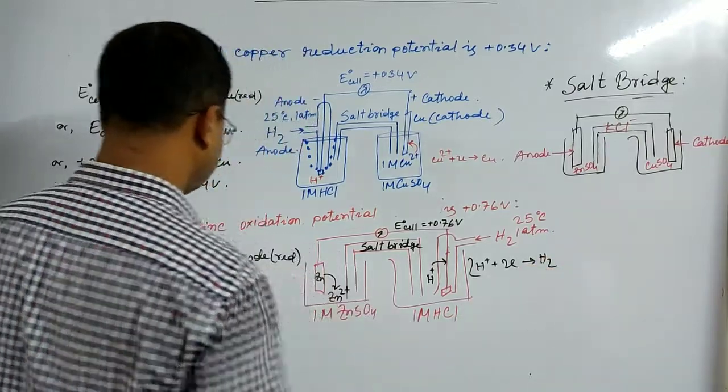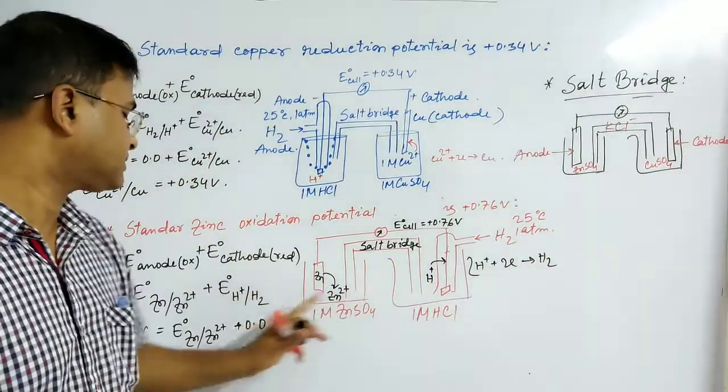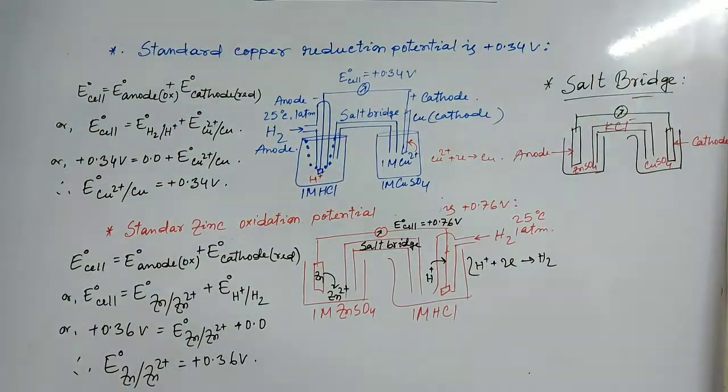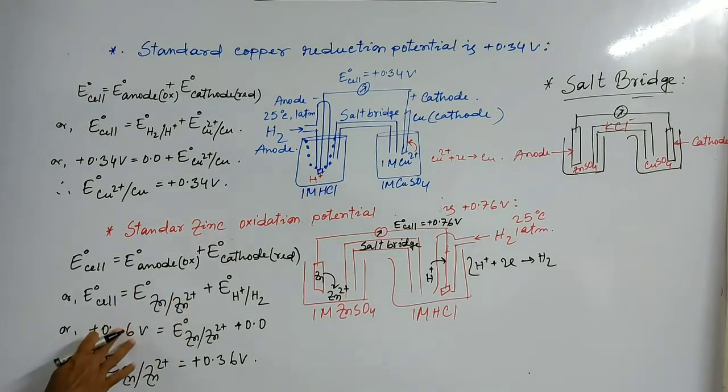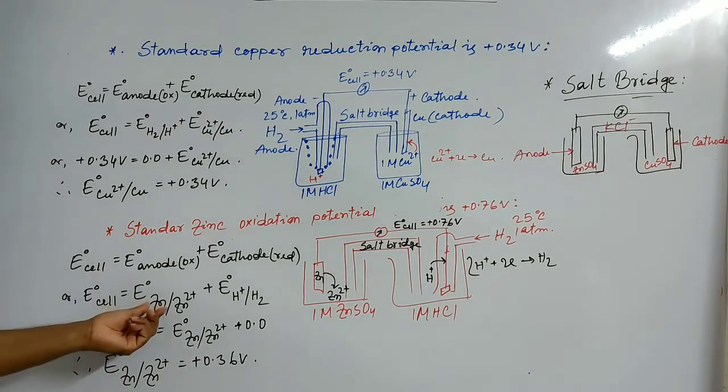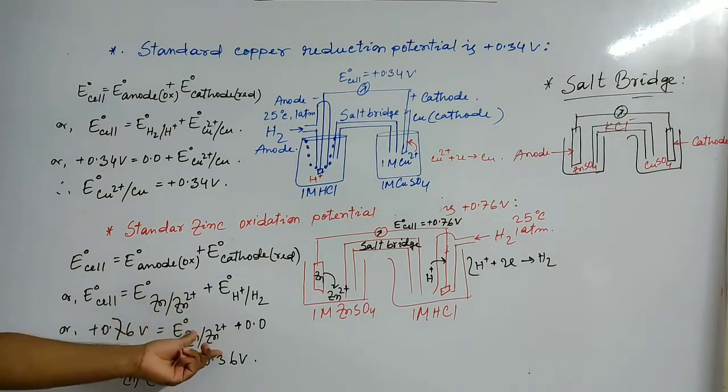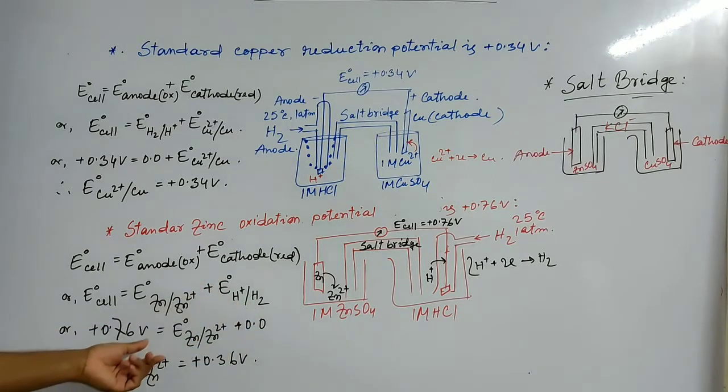So I can write here H plus slash H2, and from the reading of the voltmeter I can write here plus 0.76 volt, and H plus slash H2 is 0.0. So E naught Zn slash Zn2 plus equals plus 0.76 volt. It means the standard oxidation potential of zinc is plus 0.76 volt.